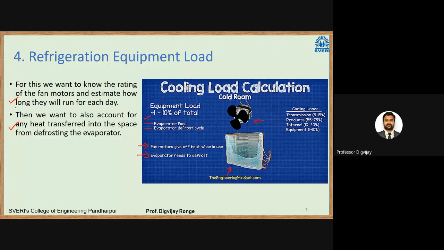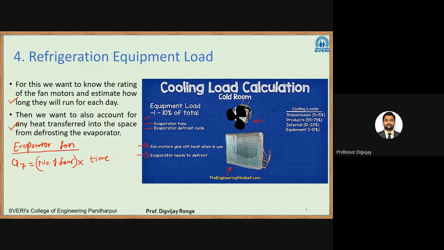Okay, so in this case first we'll see the evaporator fan. In that case Q7. So we have written up to Q6, so Q7 will be equal to number of fans, into time, the number of hours it was running, into wattage, what is the wattage, and divided by 1000.